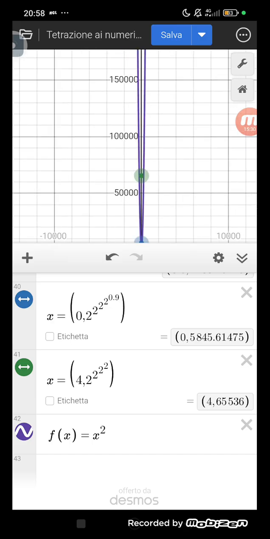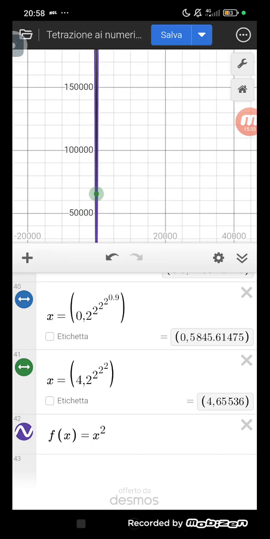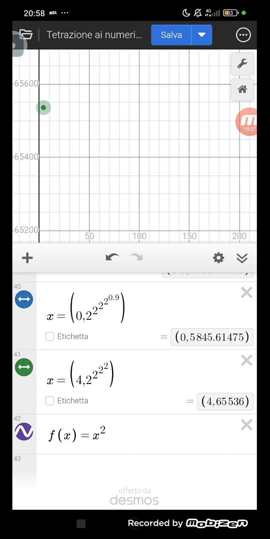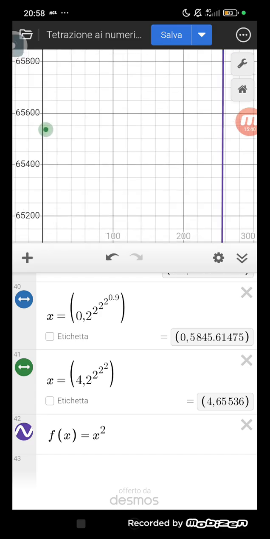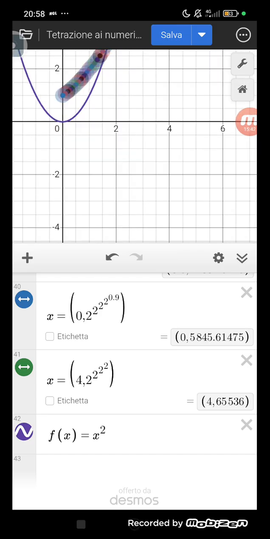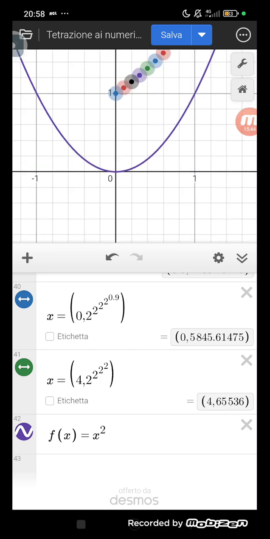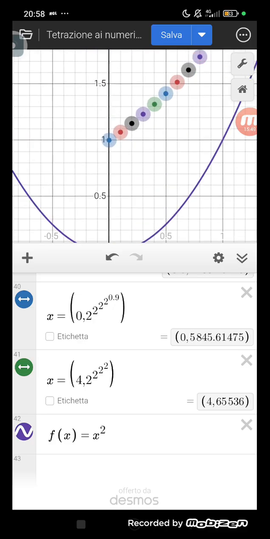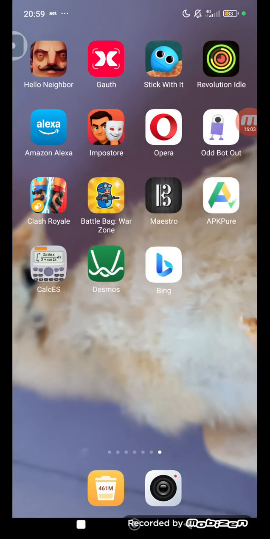Just for comparison, let's see. Yeah, it still has a long way to go. But I don't know yet how to find imaginary negative numbers. I think it's quite easy. I could do that, but I don't want to right now. So we're gonna look at imaginary numbers.